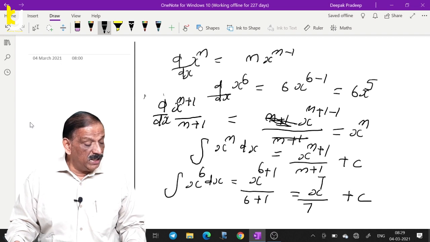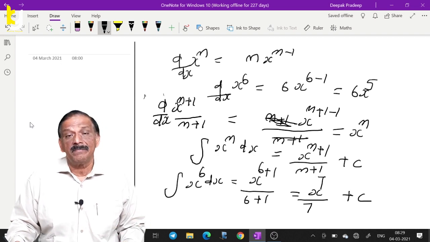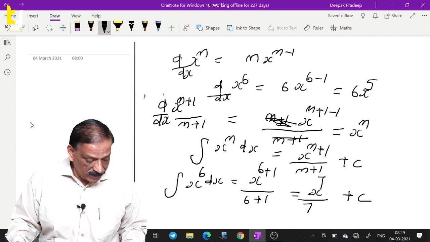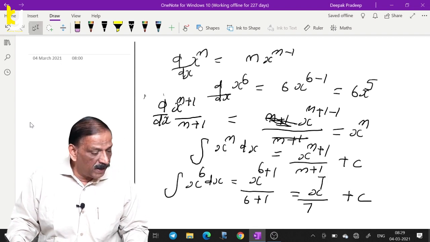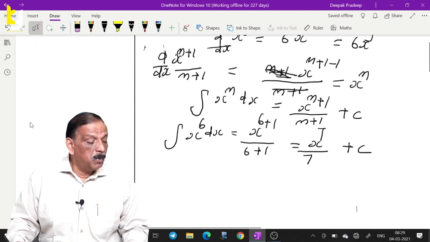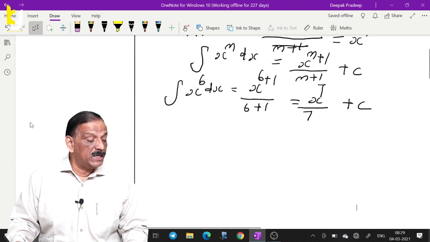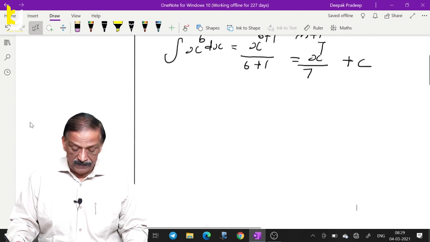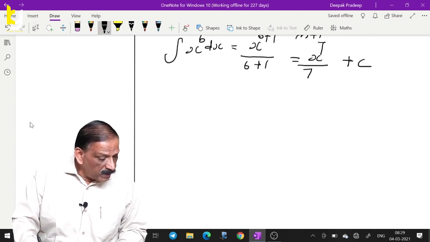So we can study another formula. When we study another formula, put n equal to 0 in that equation.